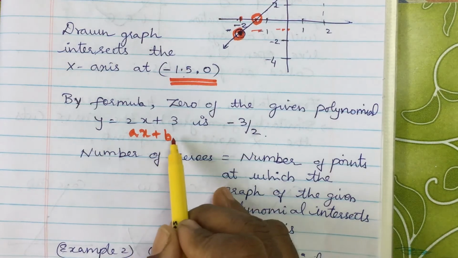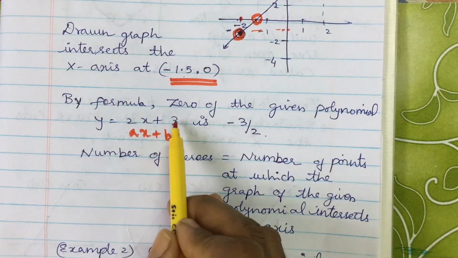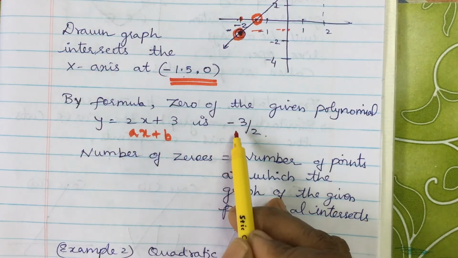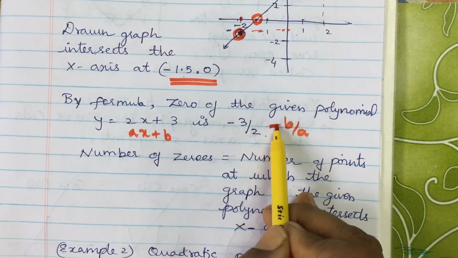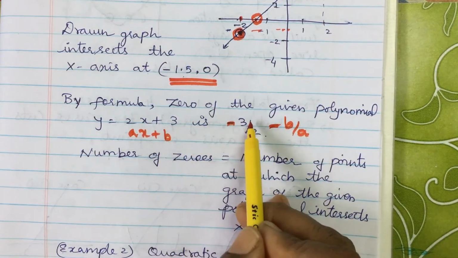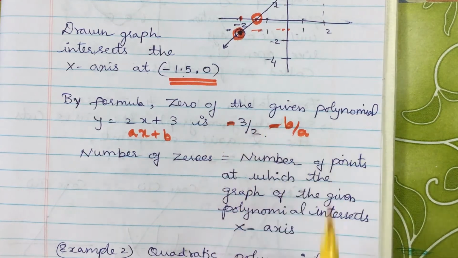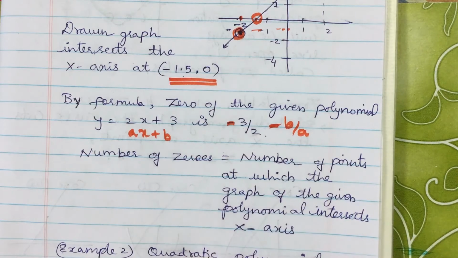If you apply the similar methodology or formula here, b is your 3 and a is your 2, right? So your formula is minus b by a. So minus, I have put it here, and instead of b I have written 3, instead of a I have written 2. So minus 3 by 2. So this is the zero I got by using the formula.